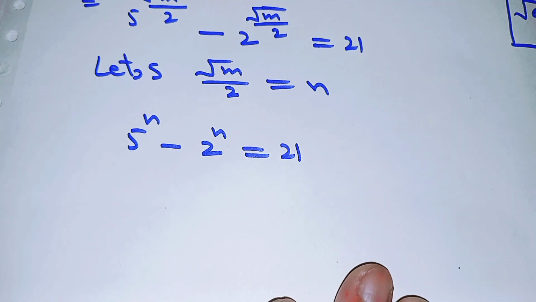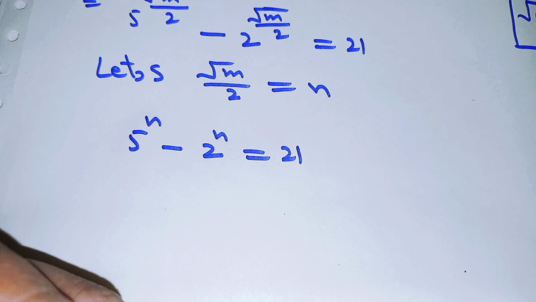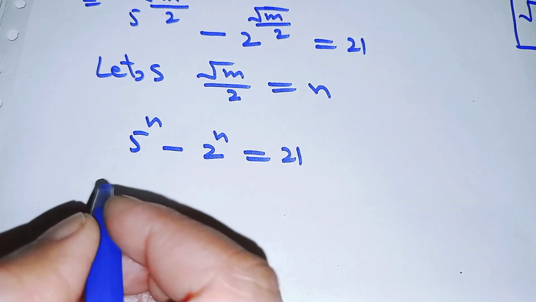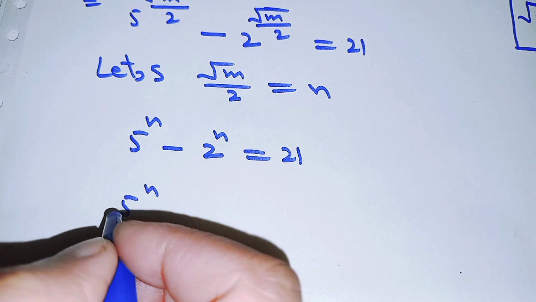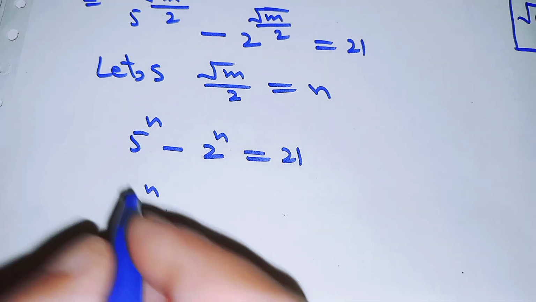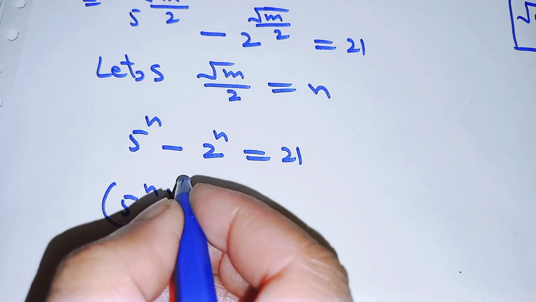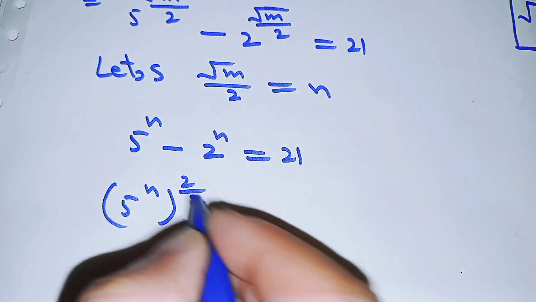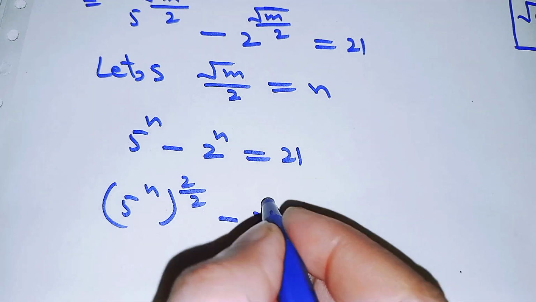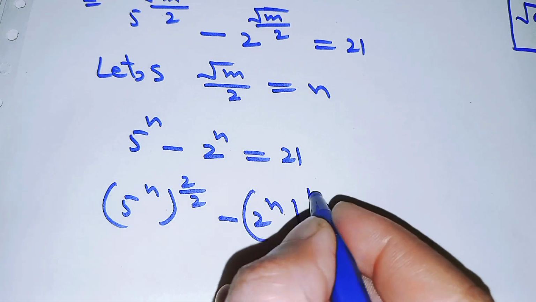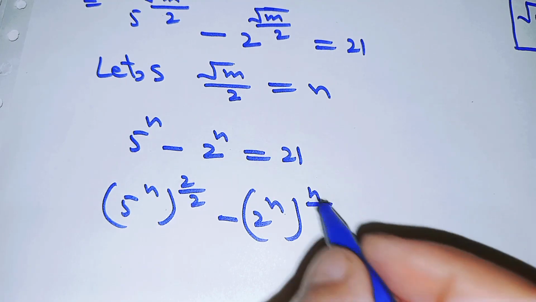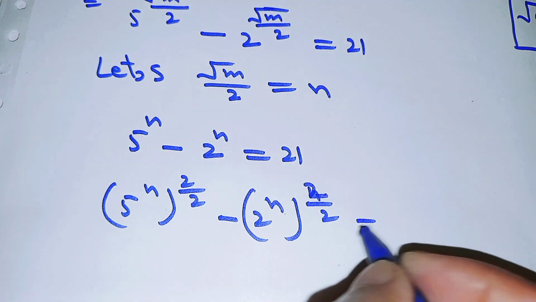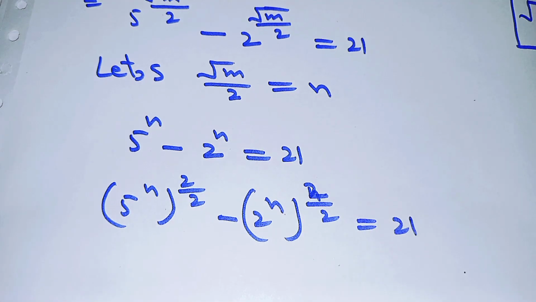In the next step, we write 5 to the power of n, dividing by 2 over 2 on both sides, whole to the power of 2 over 2, and then minus 2 to the power of n, whole to the power of 2 over 2, is equal to 21.